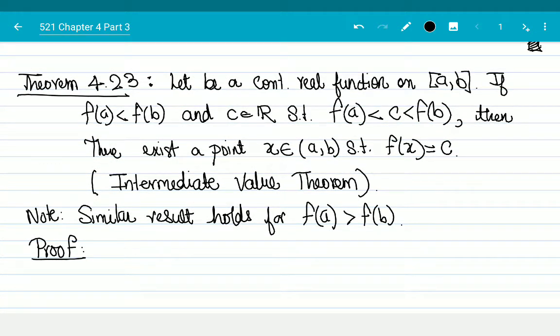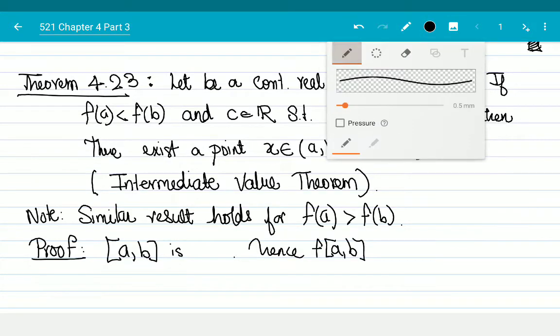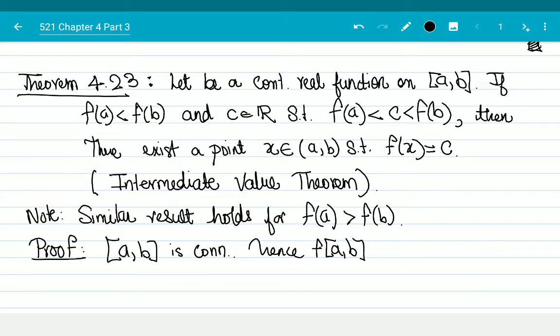Proof. Not going into full detail. The interval [a, b] is connected, hence f of [a, b] is connected by theorem 4.22.